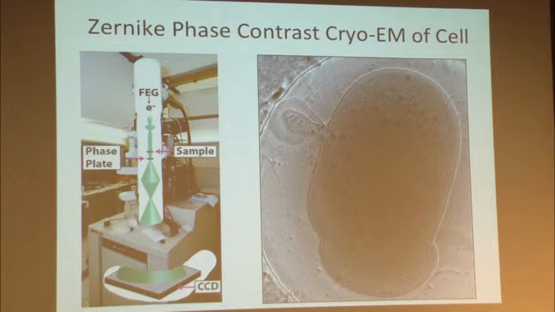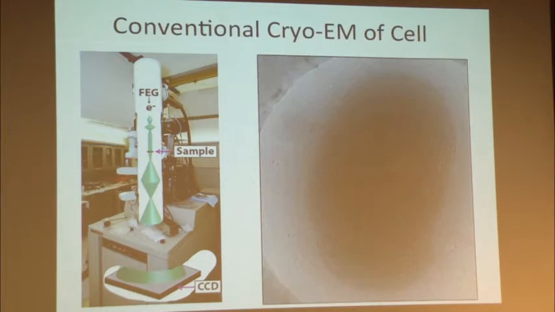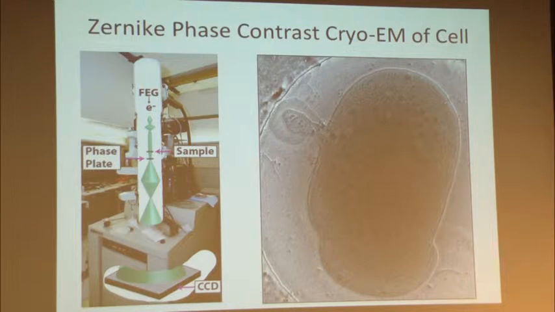As a result, putting in a phase plate, you immediately see things, compared to without the phase plate, where you don't see anything at all. So it is an immense contrast enhancement.